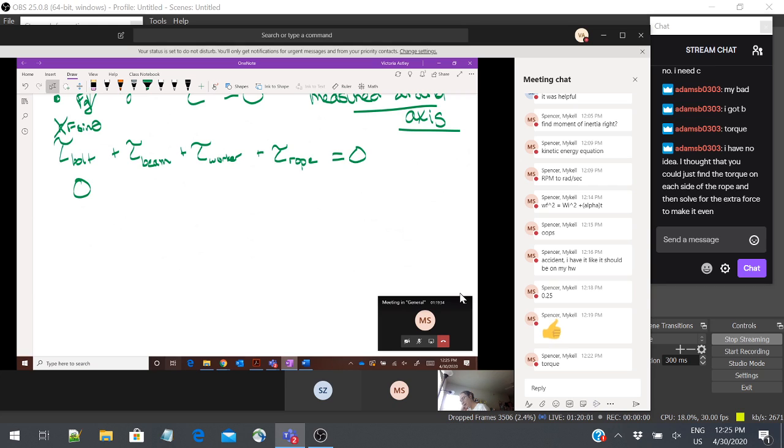So we already got a torque for the beam. I forget what it is. This would be the weight of the beam times the distance, which is half its length. Torque for the worker would be the worker's weight, and he's standing at the end, and both of those are at 90 degrees.